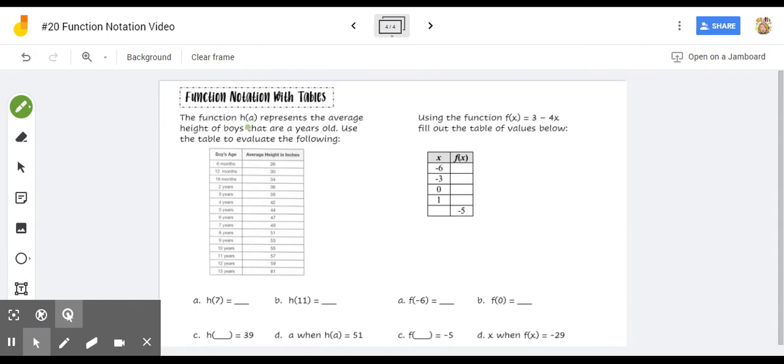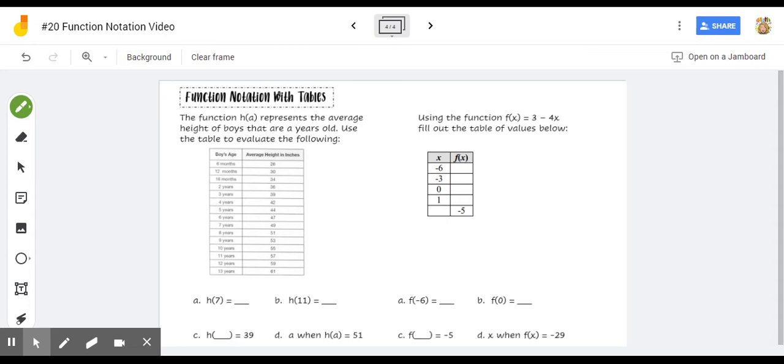Our first example is a function h of a, which represents the average height of boys that are a years old. Use the table to evaluate the following. So h of 7 means for 7 years old, what is the average height of this young man?